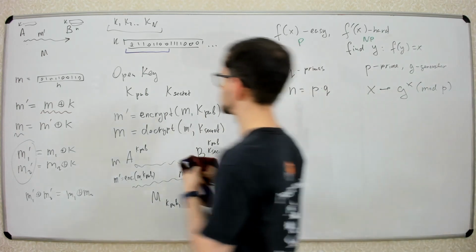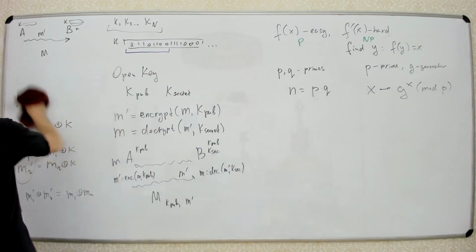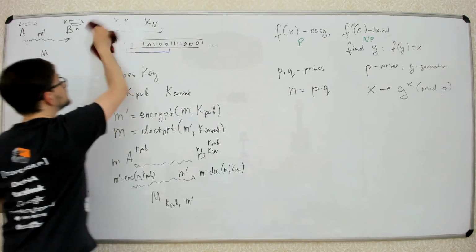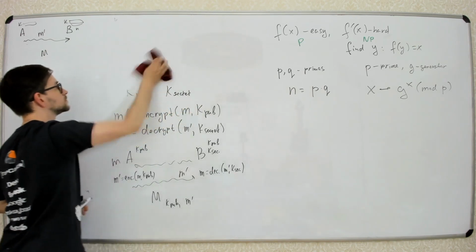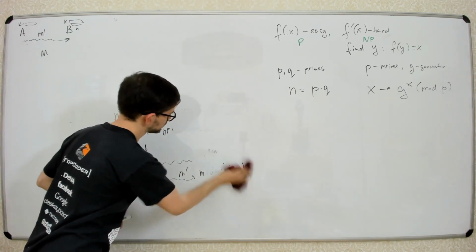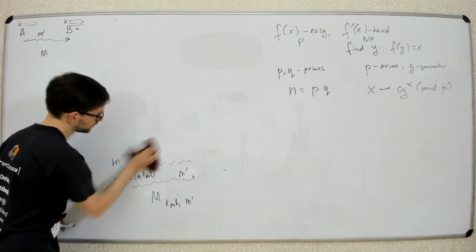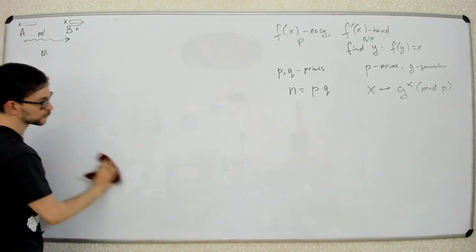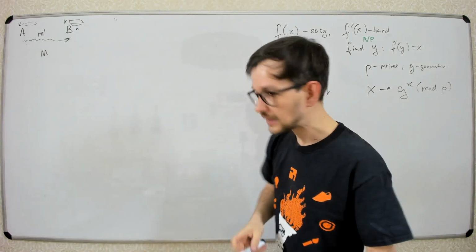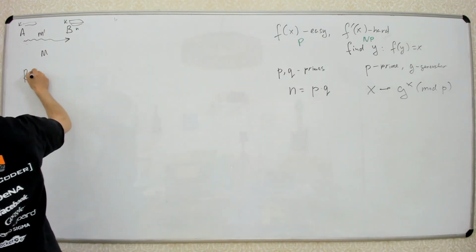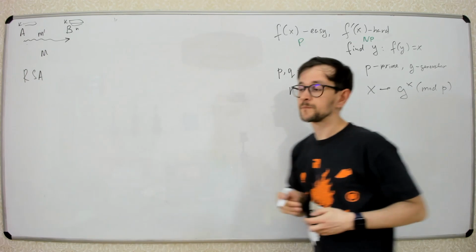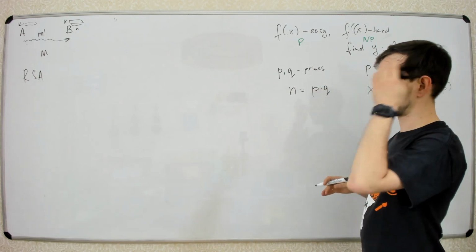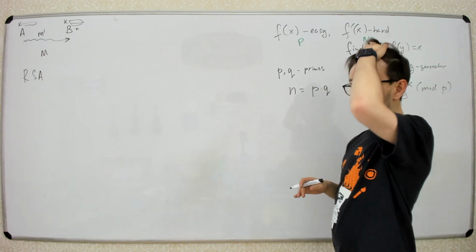Well, let's build RSA first. So how to generate keys for the RSA cipher?